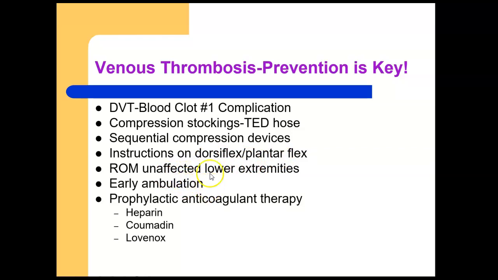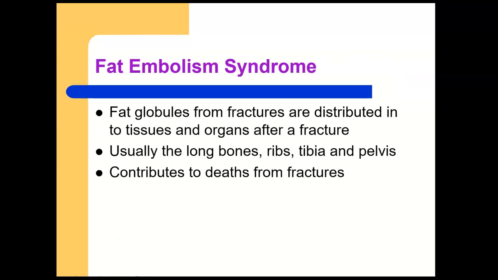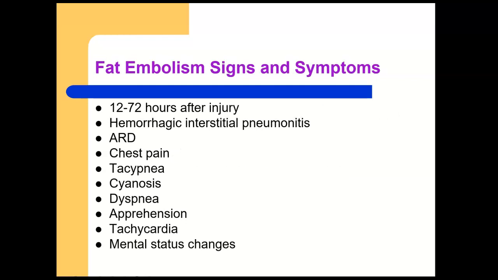And when we can, get them up and moving. And then you will see prophylactic anticoagulants. Enoxaparin, Lovenox, is commonly used nowadays. Heparin used to be used, but it's usually now a low molecular weight heparin, such as Lovenox.